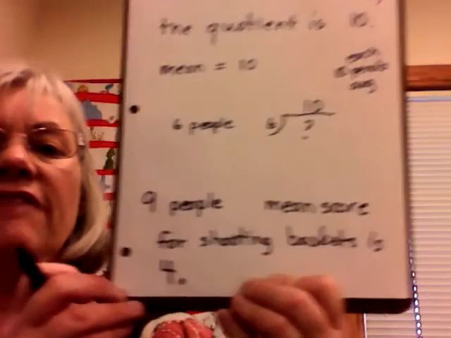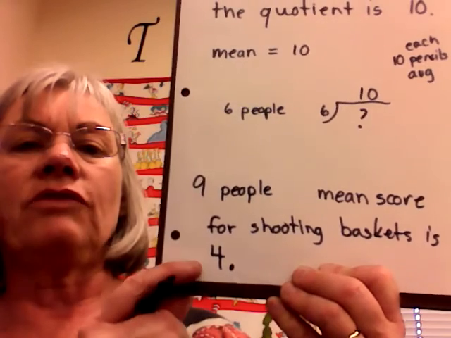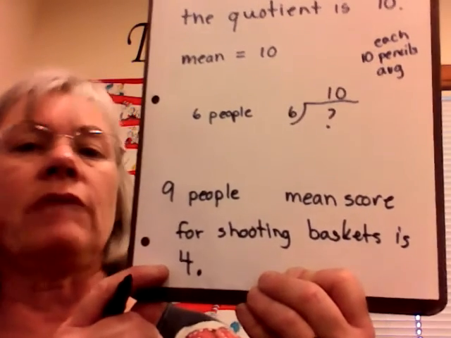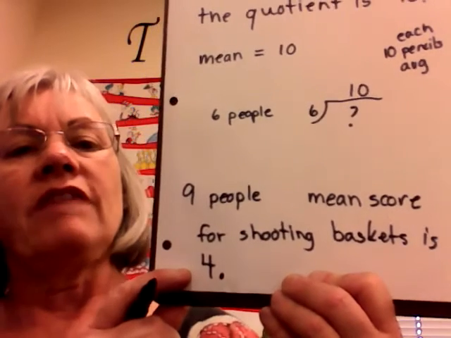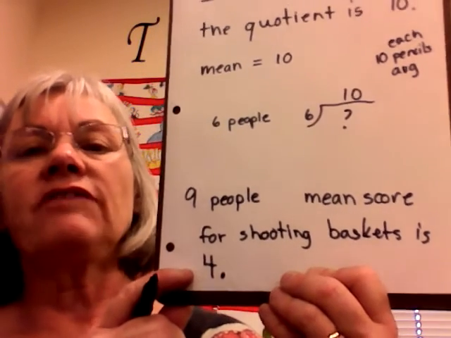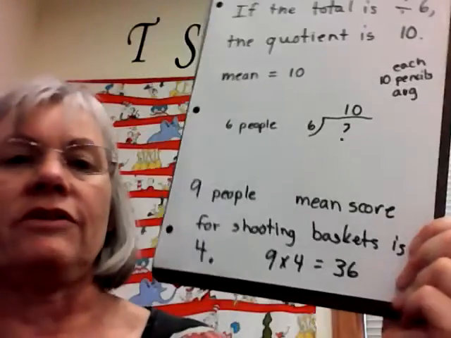That means if everybody did the exact same amount, it would come out to 4, divided exactly evenly. But we know that sometimes people don't make one or they miss a shot. Even though there were 9 people involved, acting as if everybody got 4 right, the total would be 36 baskets that people did all together.